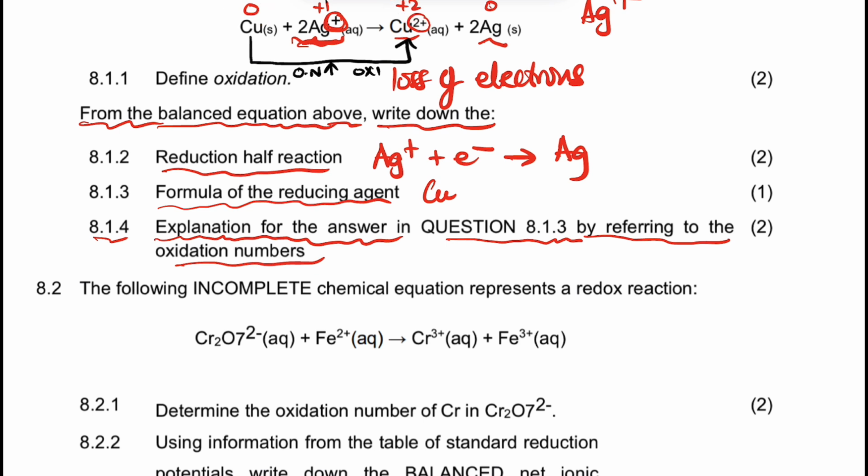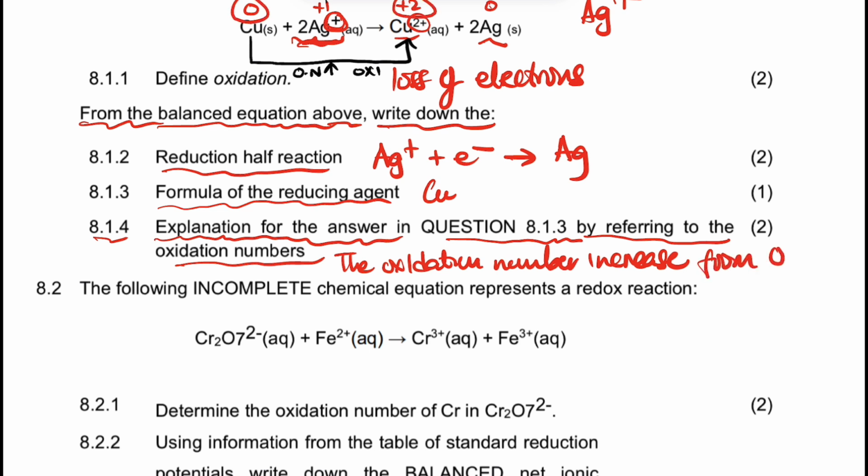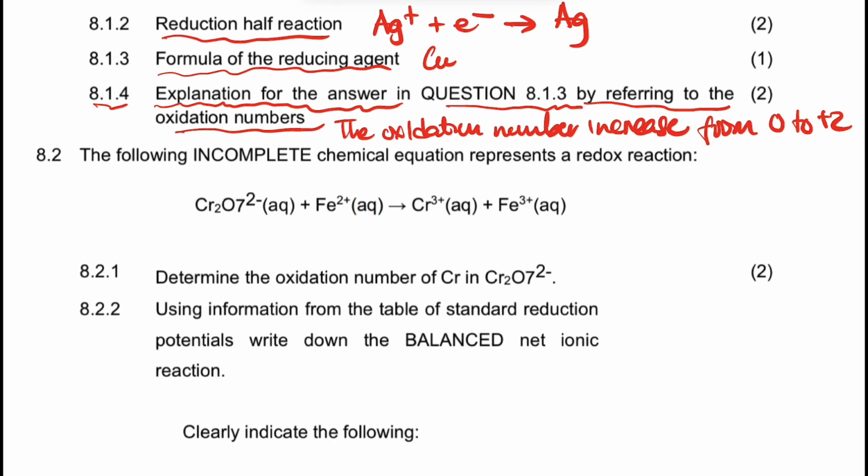So we're going to say our answer here: the oxidation number increases, right? You get the mark from that, and then it increases from where? From 0 to 2, from 0 to plus 2. So we explain according to that.